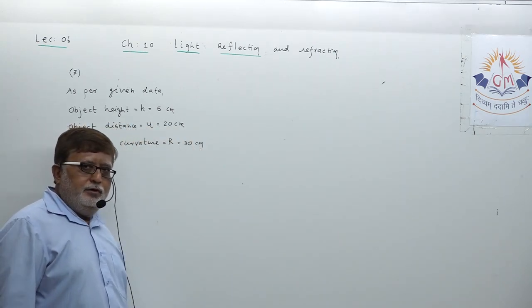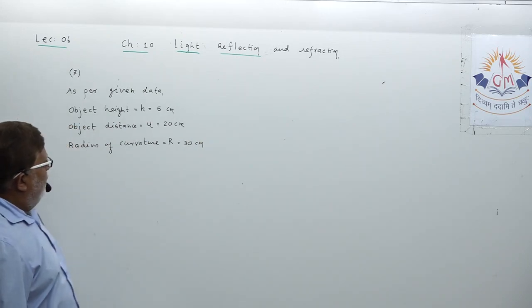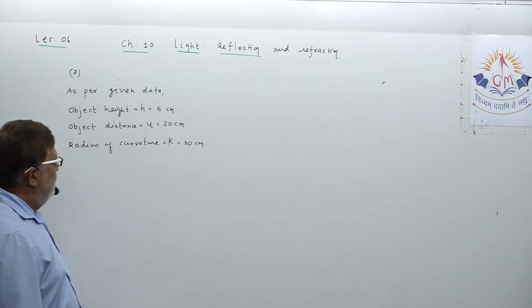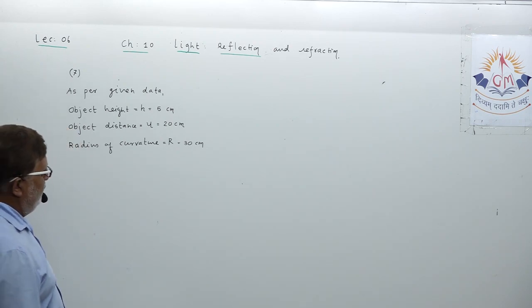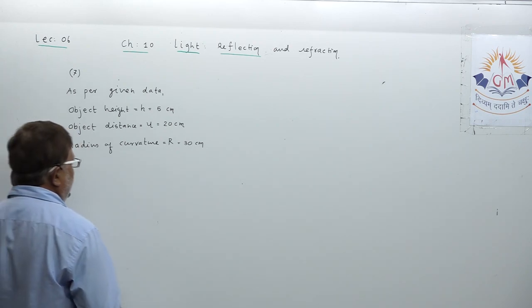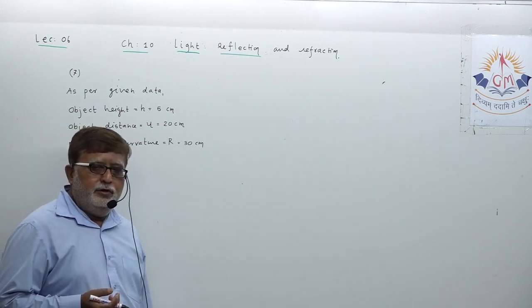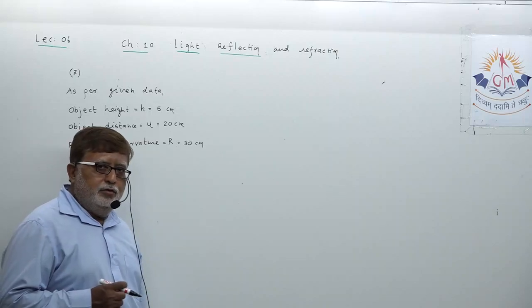Object height is given, object distance is given, radius of curvature is given. What do you have to find? Position, nature and size of the image.